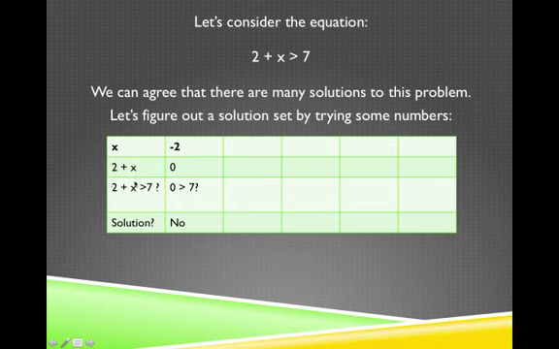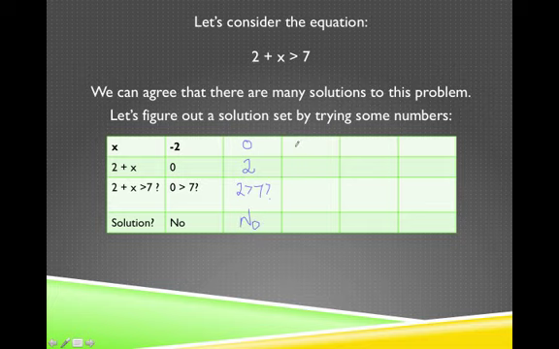Is 0 greater than 7? No, it's not. So let's try a 0 for x. 2 plus 0 gives me 2. Is 2 greater than 7? No, it's not. So this is not yet a solution.